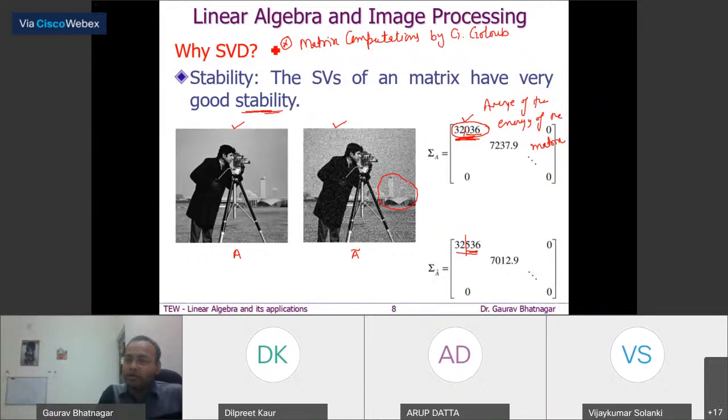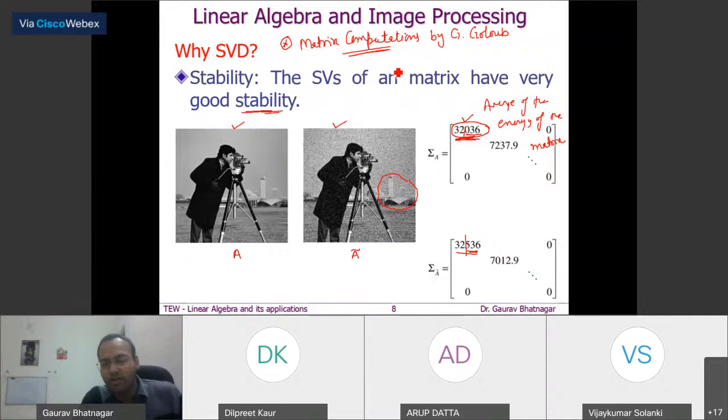If you want to learn more about SVD, I suggest you consult this book. It is one of the gem kind of books in matrix theory, and you will find all the properties of singular value decomposition in it. If you find some issue, you can contact me over email.